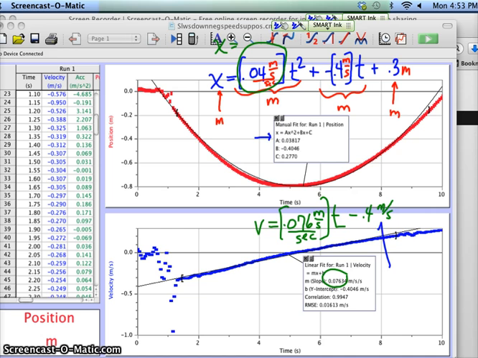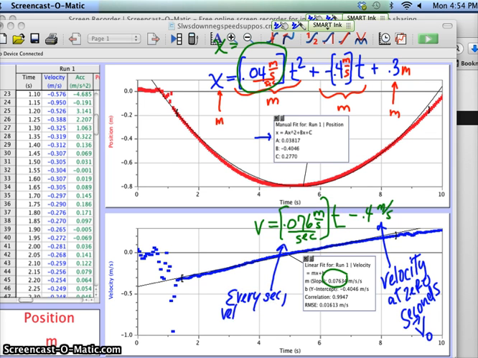Well, this number was our velocity at 0 seconds, given the symbol v with a small 0. And then this number here means every second the velocity changes by about 0.08 meters per second. This is our acceleration.